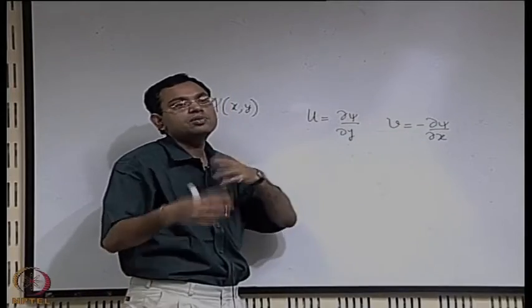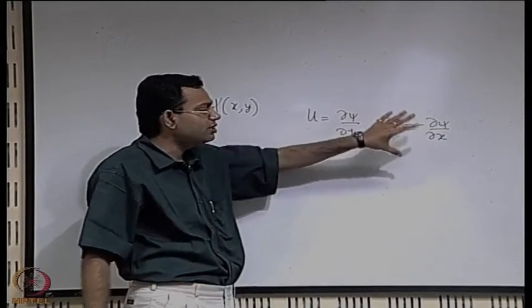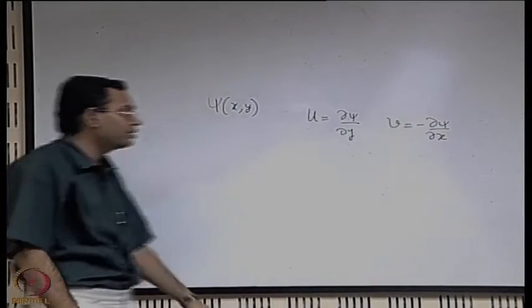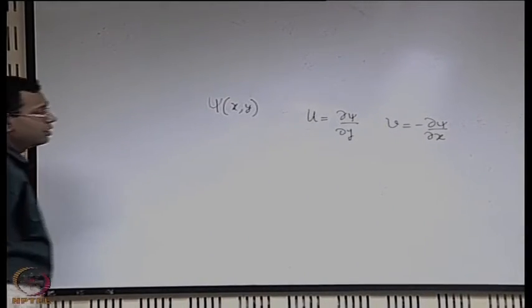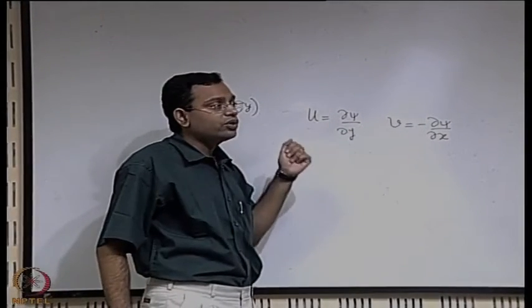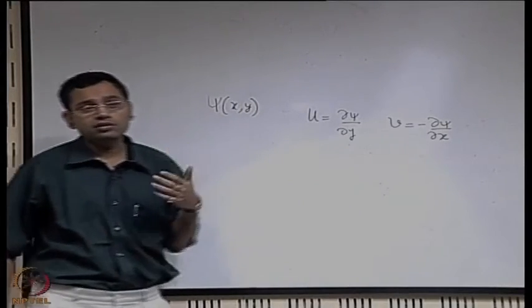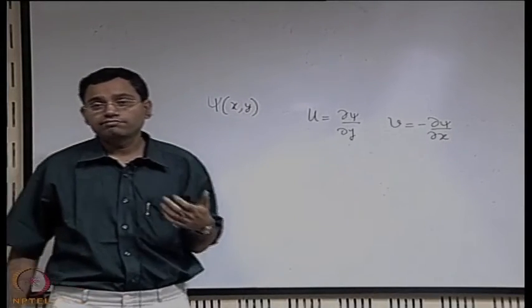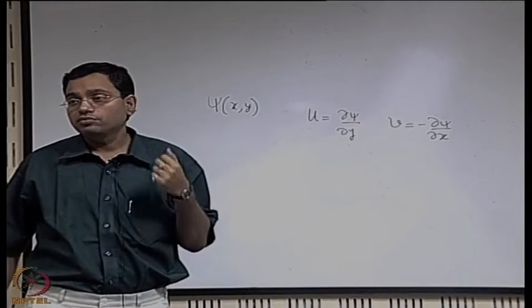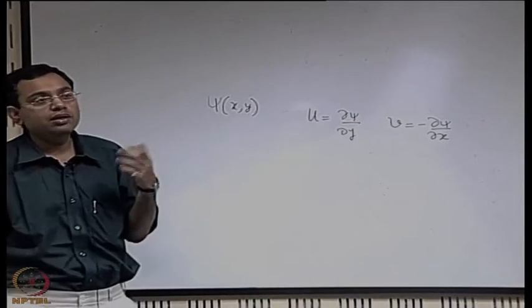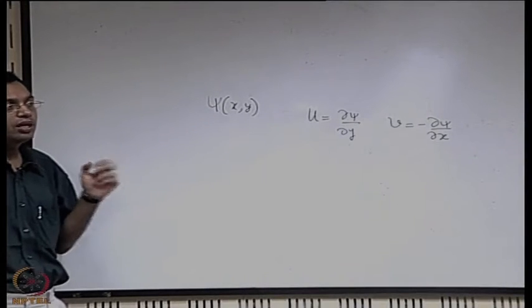For other types of flows, special cases, again it may be defined in a slightly adjusted manner. Now, say we are interested to define it for a two dimensional compressible flow, or a two dimensional steady flow, may be compressible, may not be compressible, but two dimensional steady flow.